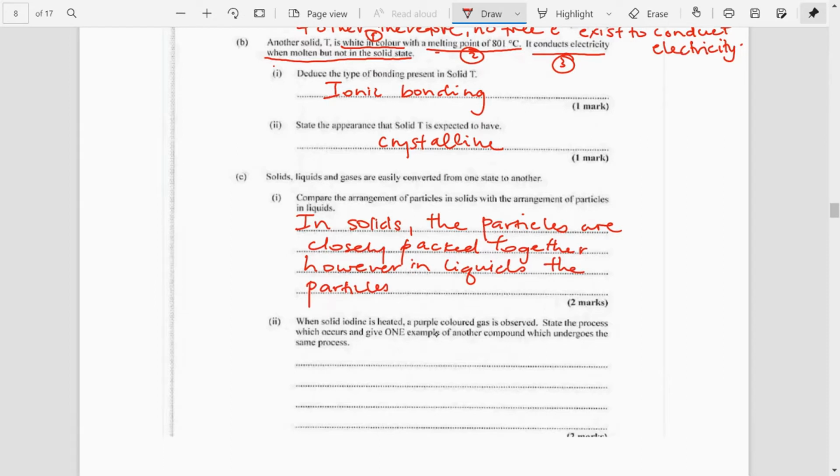So in solids, the particles are closely packed together, and this gives them a definite shape. It's packed together in a specific way. Over in liquids, the particles are randomly arranged, with spaces between them.